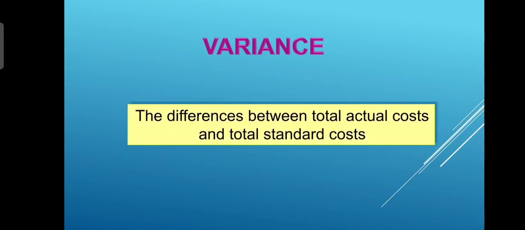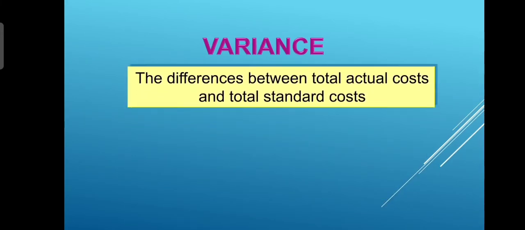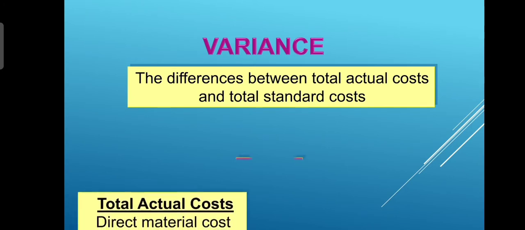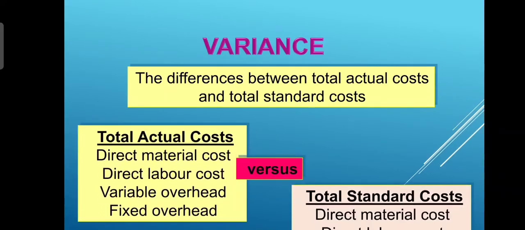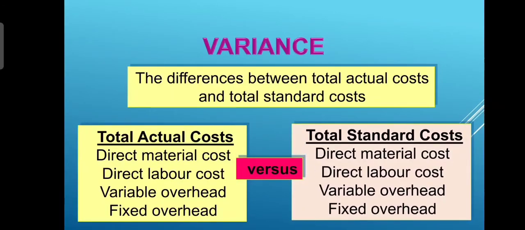Now, what is variance? Variance means a difference. We are looking for the difference between total actual cost and total standard cost of production, which includes direct materials cost, direct labor cost, variable manufacturing overhead cost, and fixed manufacturing overhead cost.